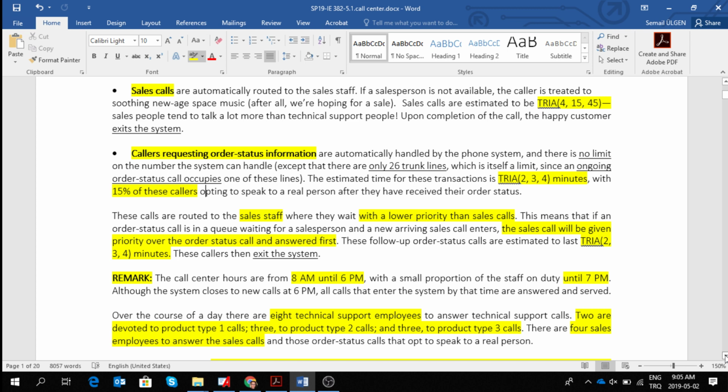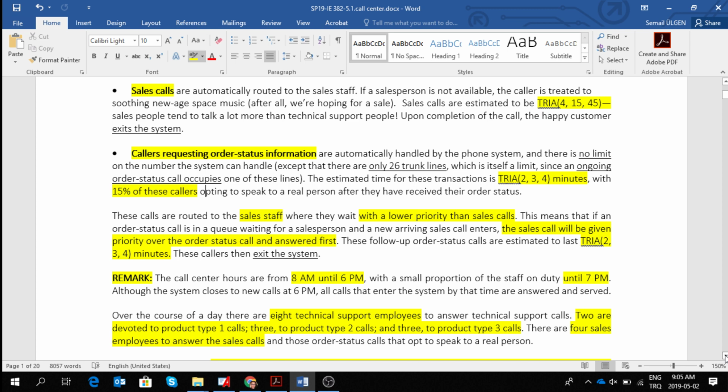So these calls for the order status are going to be given a lower priority than sales calls. What does this mean? This means that if an order status call is in queue waiting for a salesperson and a new arriving sales call enters, the sales call will be given priority over the order status call, and it's going to be answered first.